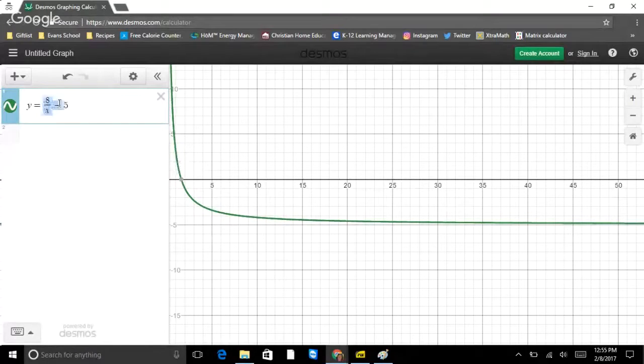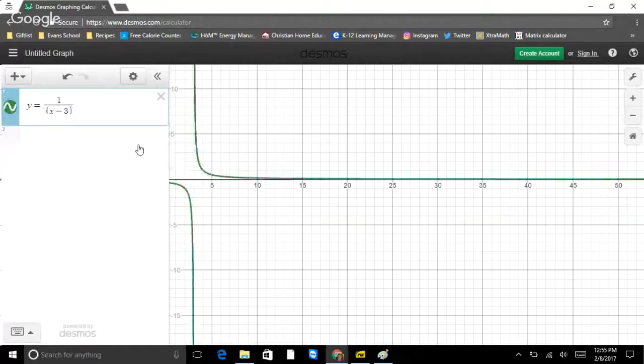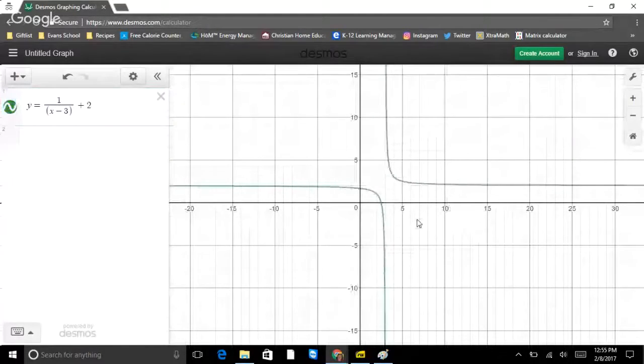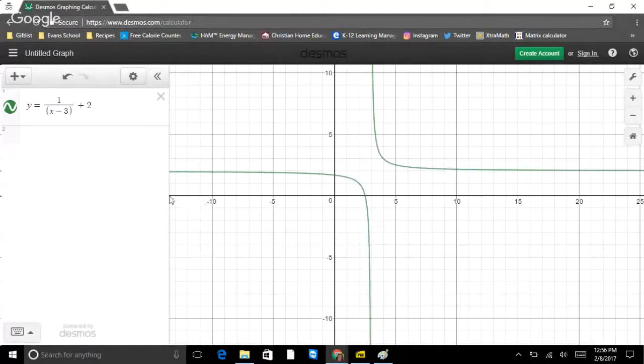Okay, so let's do example number 3. We have 1 divided by x minus 3, plus 2. Let's move back to our graph here. So we've got a couple things going on here, right? Let's look at our domain first. Our domain is our x's.